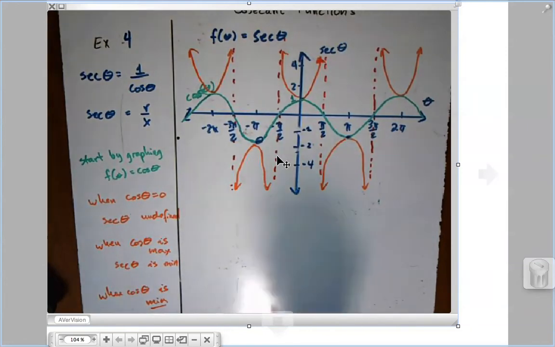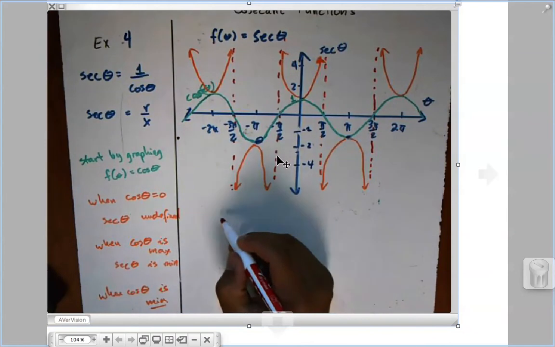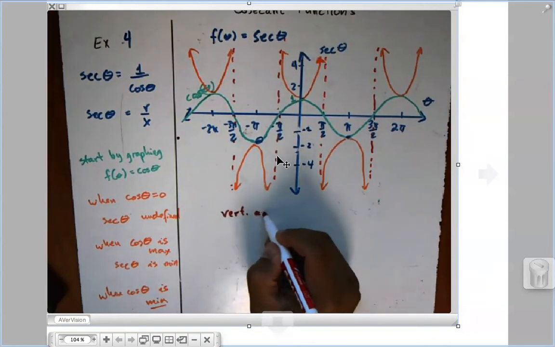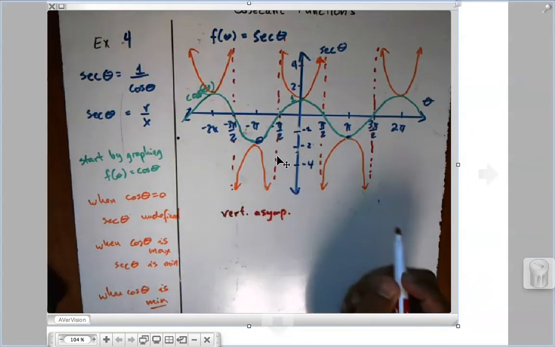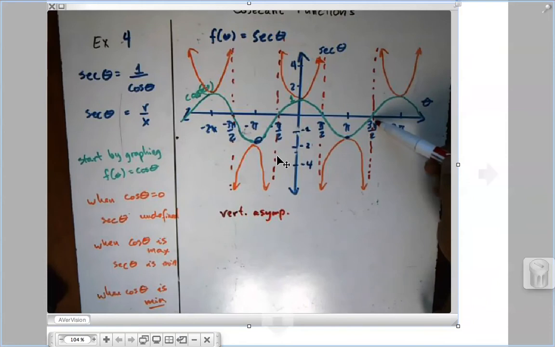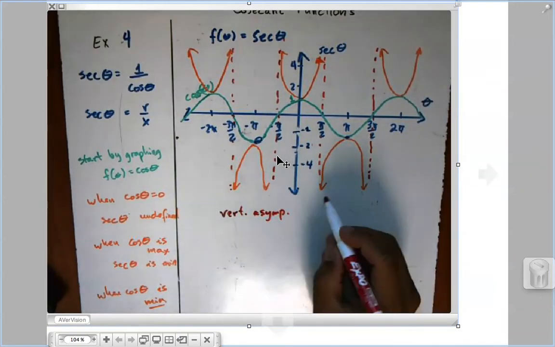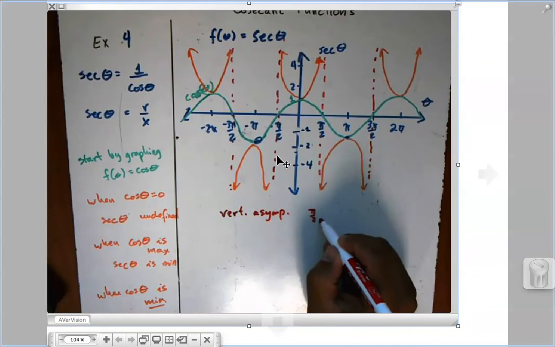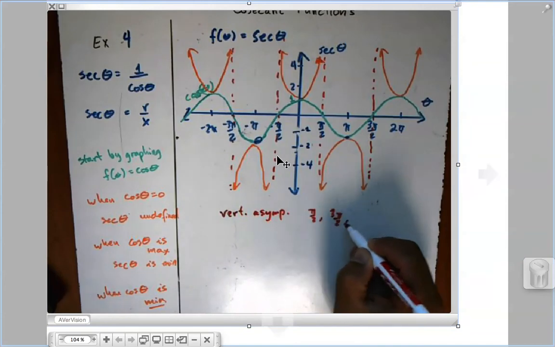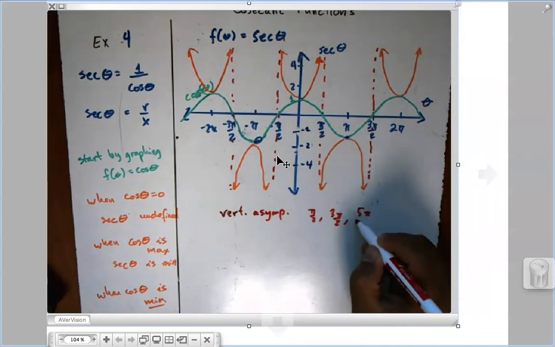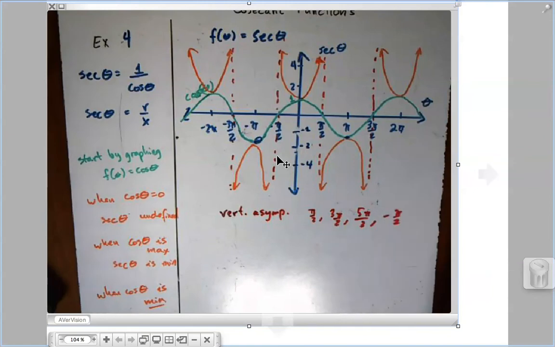Let's look at the vertical asymptotes. Use red, use a different color, mix things up a little bit. Vertical asymptotes. Well, it occurs at pi over 2, 3 pi over 2, and basically odd multiples of pi over 2. So this is pi over 2, 3 pi over 2, 5 pi over 2. If we were to continue this, negative pi over 2, and so on.